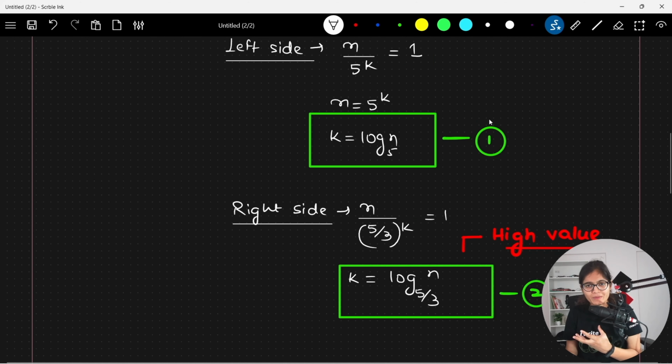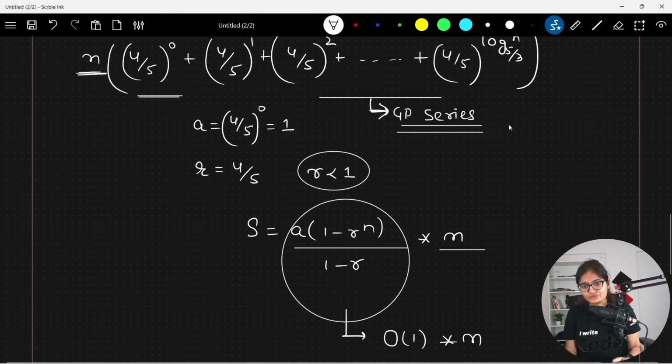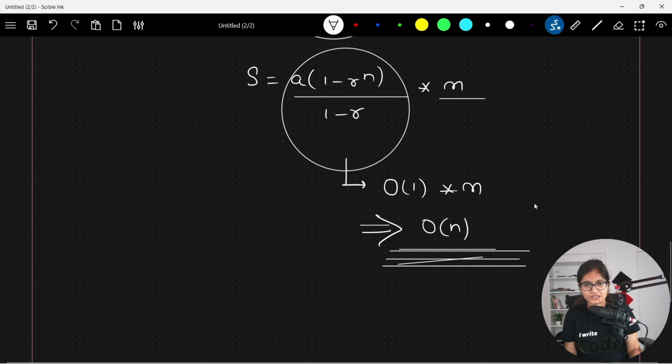Otherwise, we can directly say order of k into n, just like the way we did in the previous session. And after solving the series, you will always get some number which will suggest a bigger time complexity. That's the way to solve any recurrence relation using a recursive tree approach.